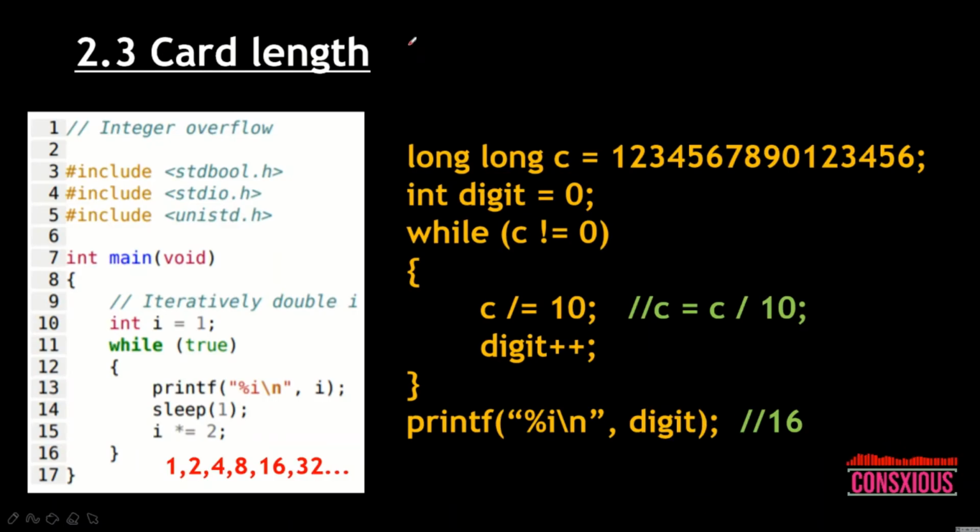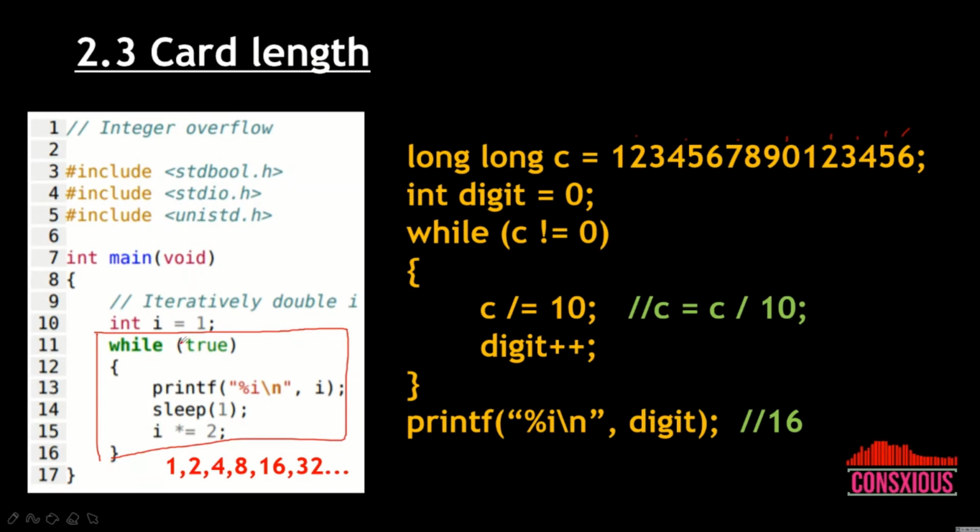So after we find the Luhn algorithm, we go to find the card length. For example, this is the card length. We have to find how many digits there are here. What we can do is use something from the exercise called integer overflow. It's using a while loop here.